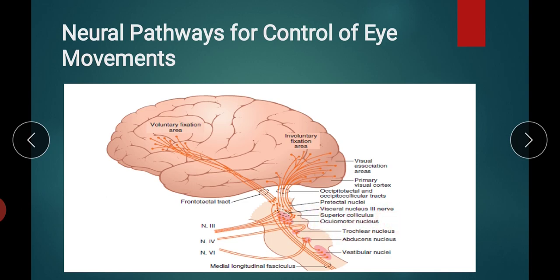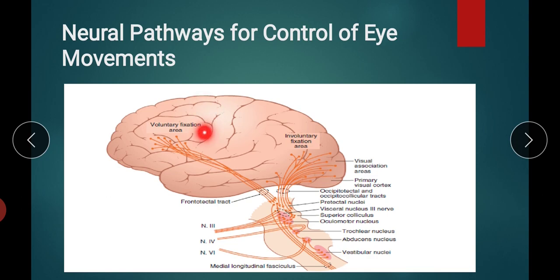Now from these two types of area and from their names, we can conclude that eye movement is voluntarily controlled as well as involuntarily regulated. So some of the control of the eyeball we can adjust voluntarily.